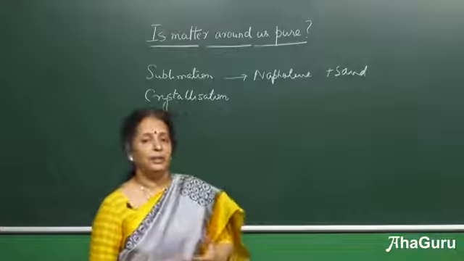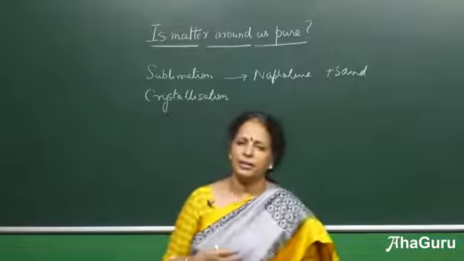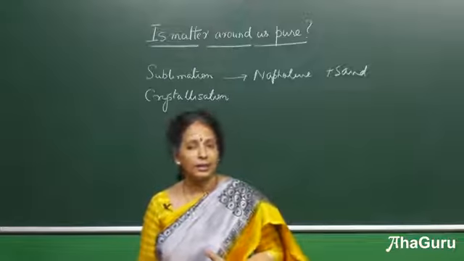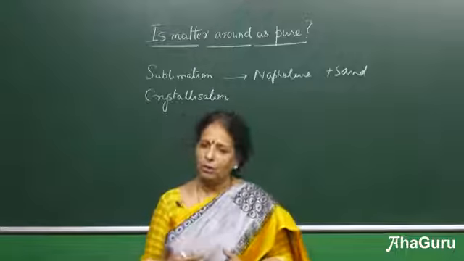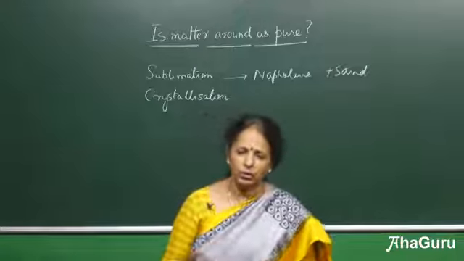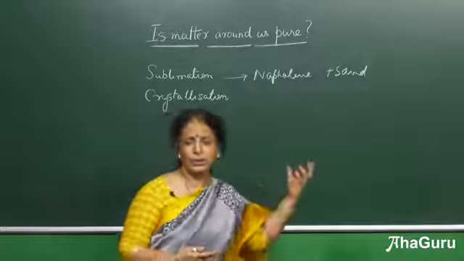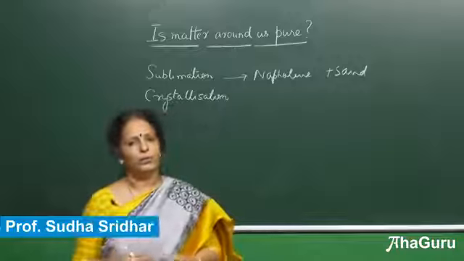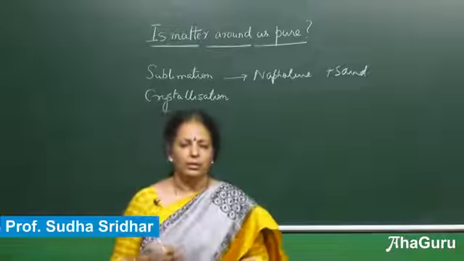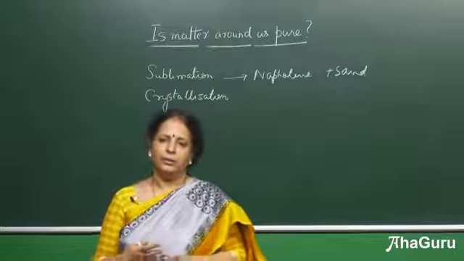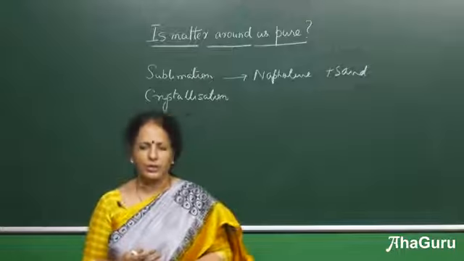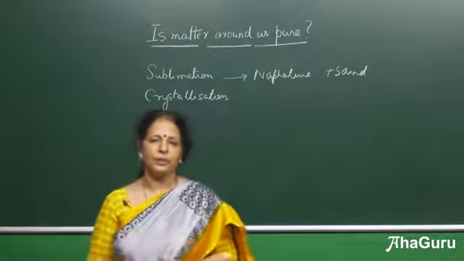Any constituent in a solution which has the property of becoming a crystal can be separated this way. You cannot do the same for salt, but you can surely do it for sugar, because sugar has the tendency to become crystal. So sugar crystals are formed. That is one way of separating a constituent which is in excess in a saturated solution. You just leave it and it forms the crystals.